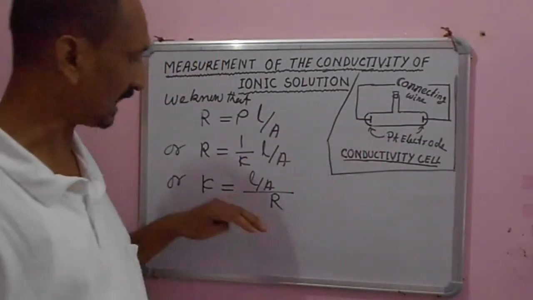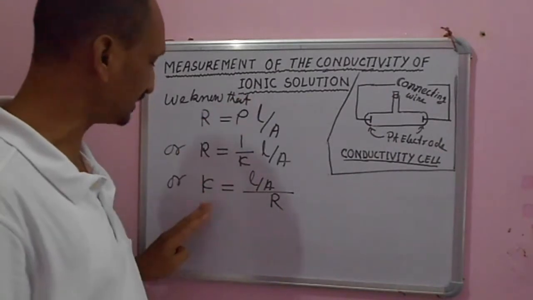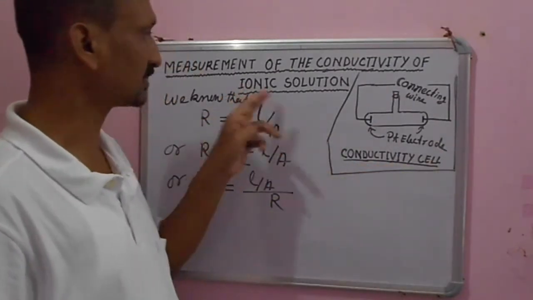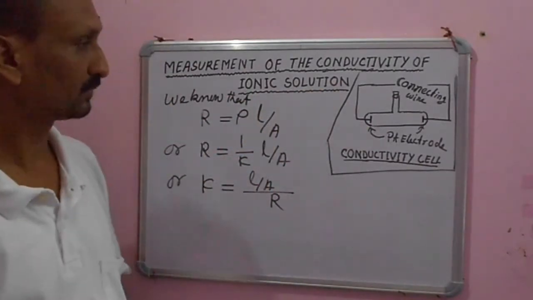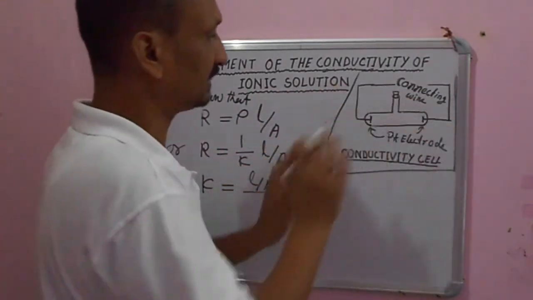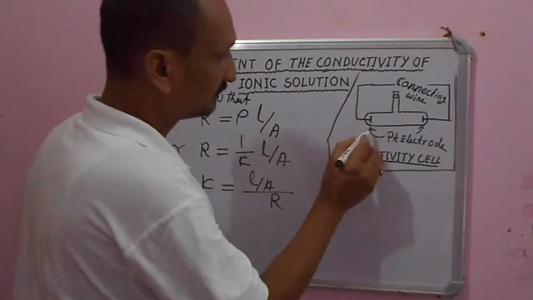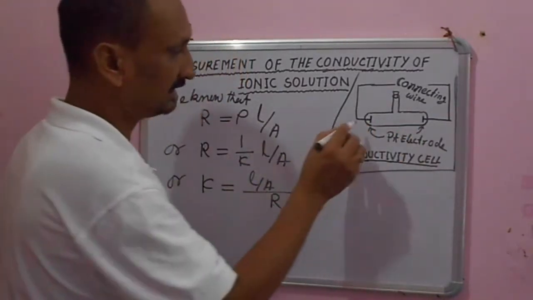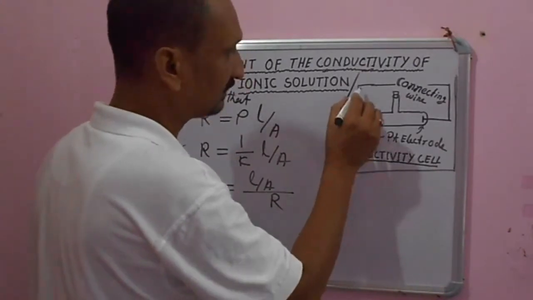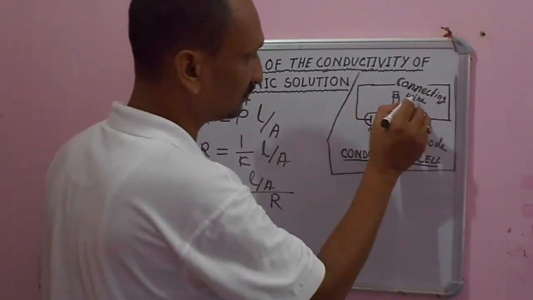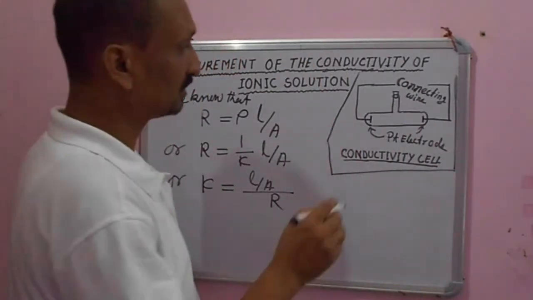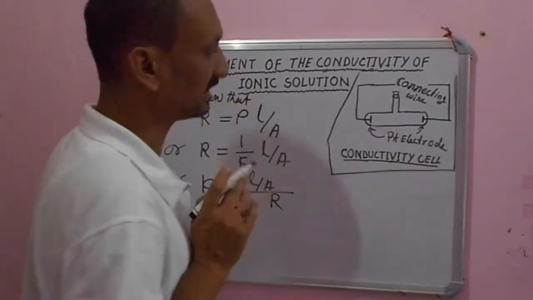So today we will learn how the conductivity is measured with a conductivity cell in case of an ionic solution. This is one design of a conductivity cell. Here two platinum electrodes are connected through a connecting wire, which can be connected to a Wheatstone bridge for the purpose of measuring resistance.